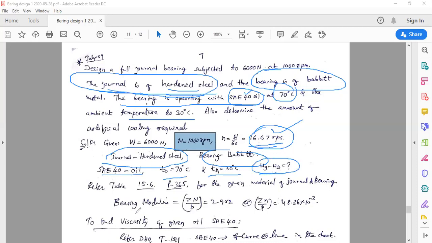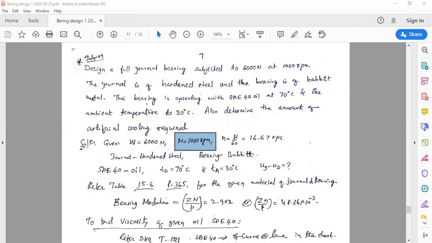What we have to calculate is Hg minus Hd. So now you have to make use of table number 15.6 of the Mahadevan data handbook, page number 365. That table includes the shaft material in one column, the bearing material in another column, and in the next columns the bearing modulus equations, ZN by P and Zn by P. So these are the four columns included in table 15.6.